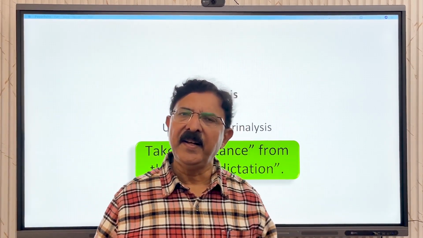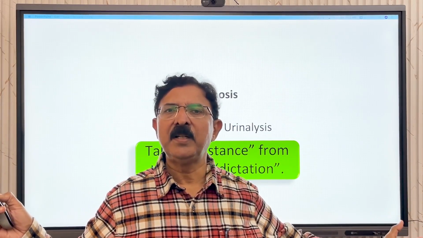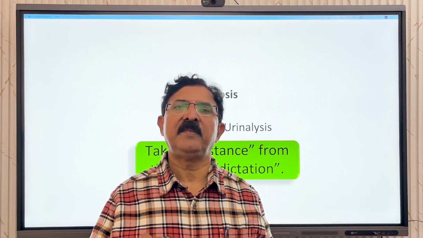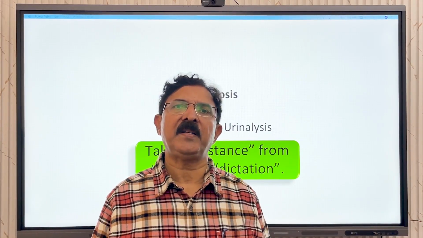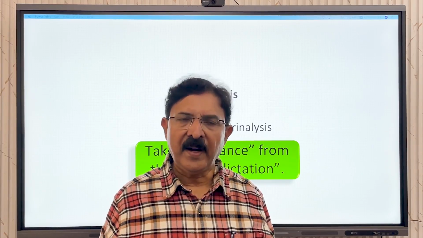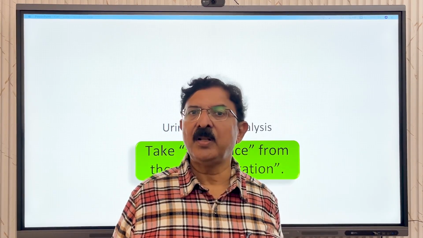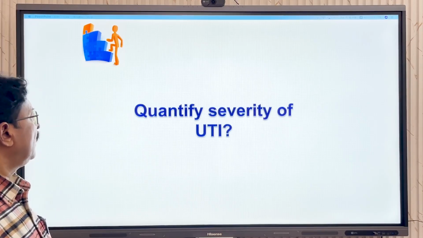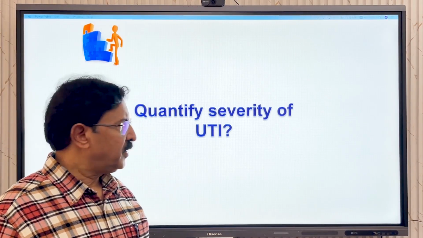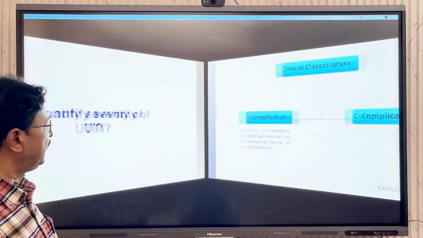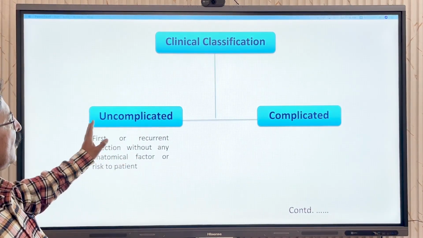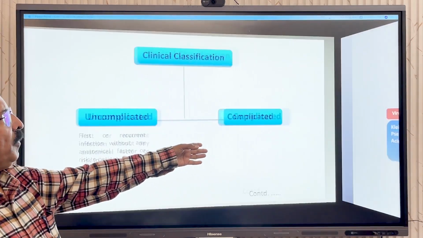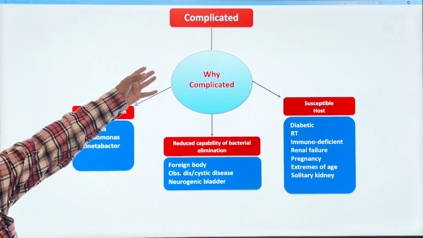I have seen n number of patients having minimal symptoms, showing culture positivity, having tons of antibiotics from different people, and the fact remains that the methodology for urine collection was not right. And the third part of diagnosis was to quantify the severity of urinary infection, which you know already, uncomplicated and complicated. Why is it complicated?